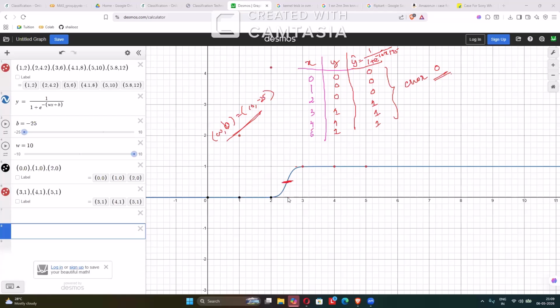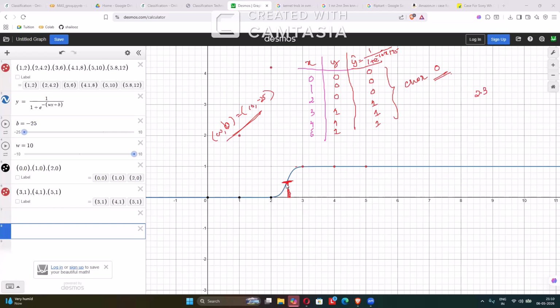And what is the rule we are taking here? We consider this point. Suppose you put 2.3, what will be the mapping? 2.3 will be somewhere on this side, somewhere at this point, right?